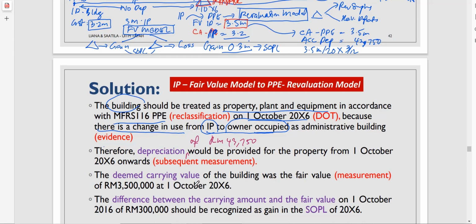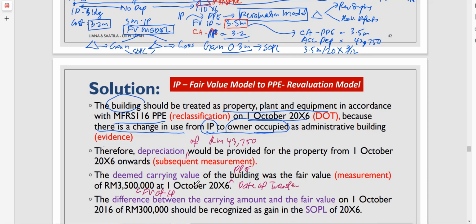The deemed carrying amount of the building was the fair value. Building here refers to the PPE building. When it is a PPE, it was the fair value of 3.5 million. That was the fair value of IP on the date of transfer. 1st of October is the date of transfer.